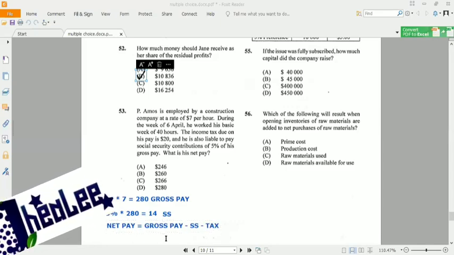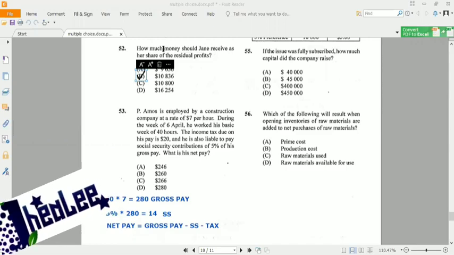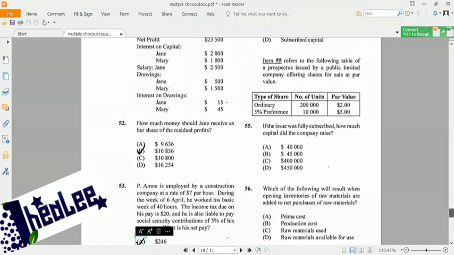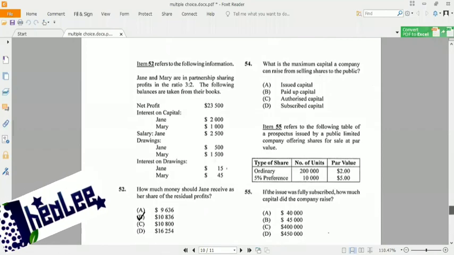So 280 minus $14 minus $20 gives us a net pay of $246. Lovely. And of course, persons had the response already in the chat, but again, we are trying to ensure that everyone benefits from the session.